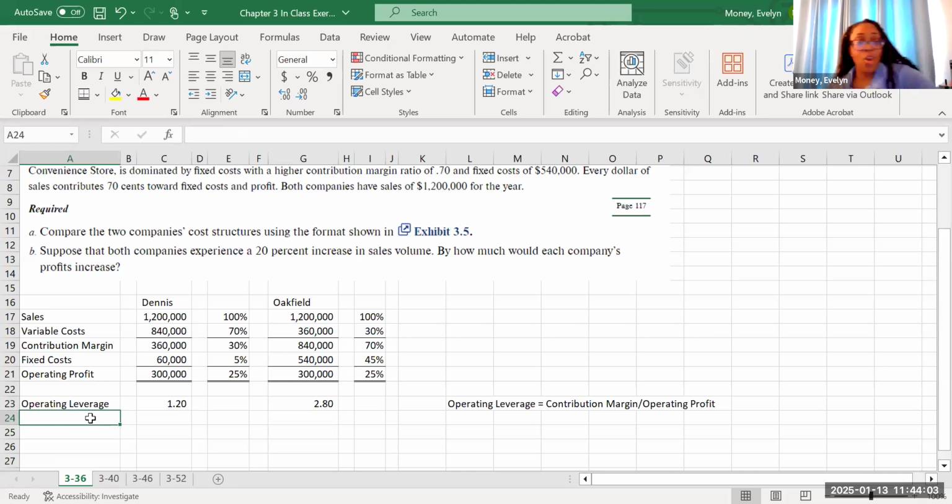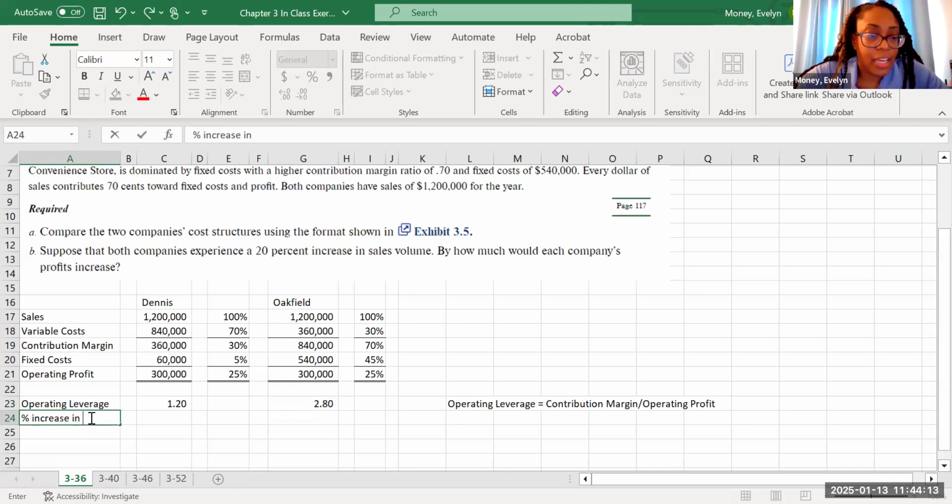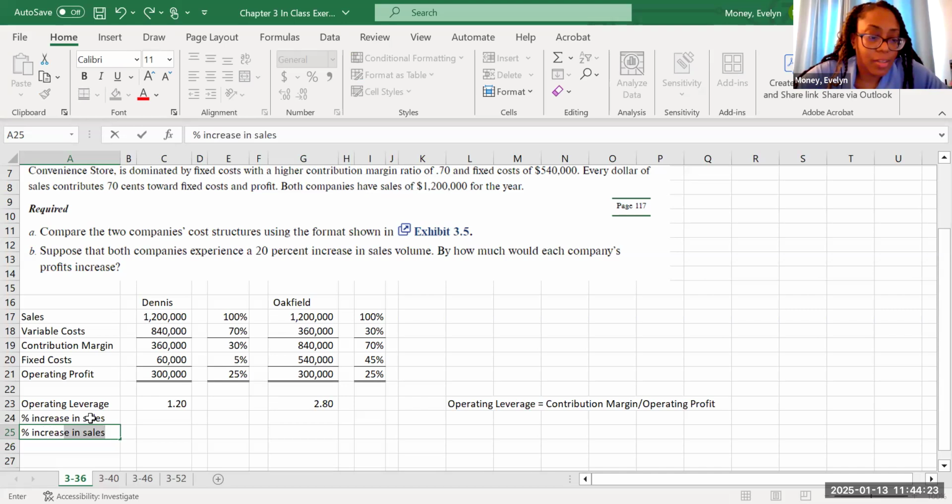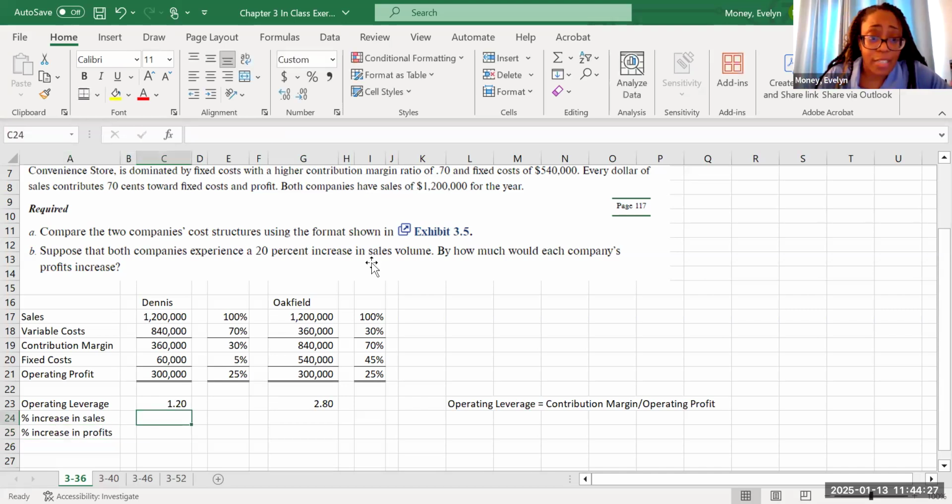So let's see what the percentage increase would actually be. So we're going to take the operating leverage and multiply it by a percentage increase in sales to see what the percentage increase in profits would actually be. So 20%, that was given to me.